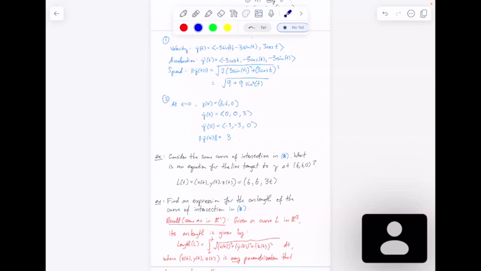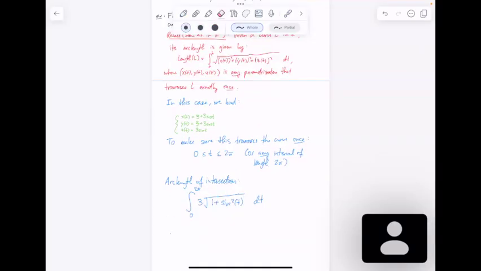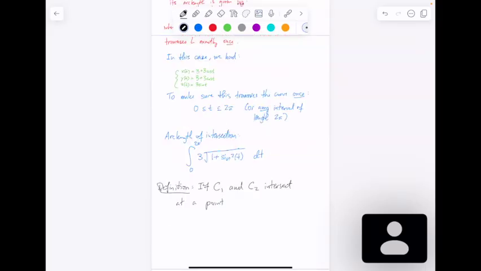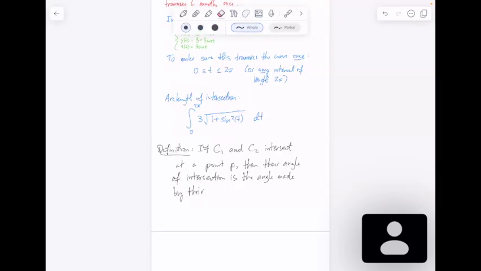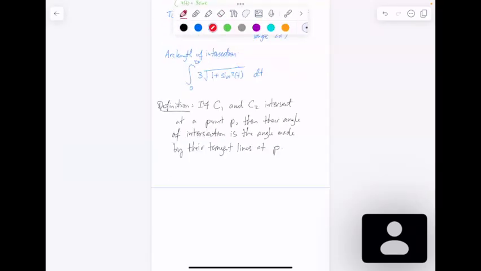All right, so here's an example. Well, let's just make a definition. If two curves, let's say C1 and C2, intersect at a point P, then their angle of intersection is the angle made by their tangent lines at P. Okay, so here's a picture.